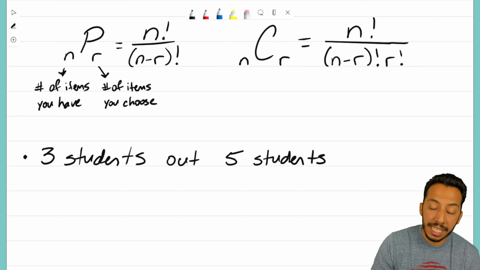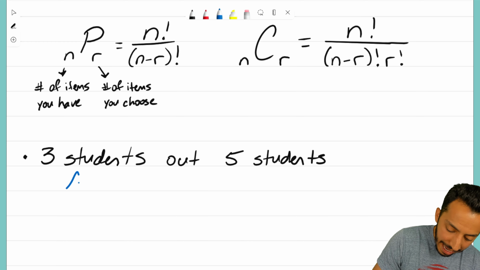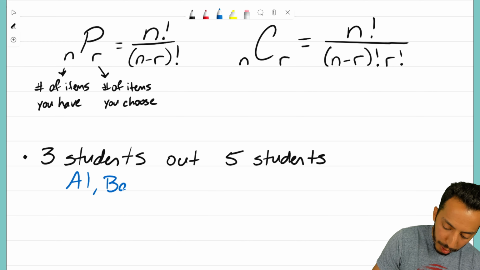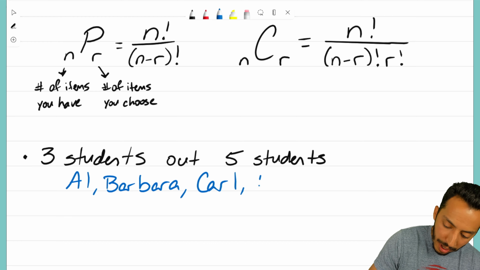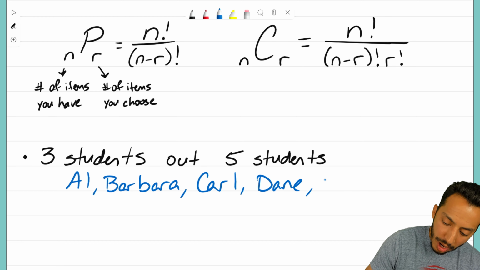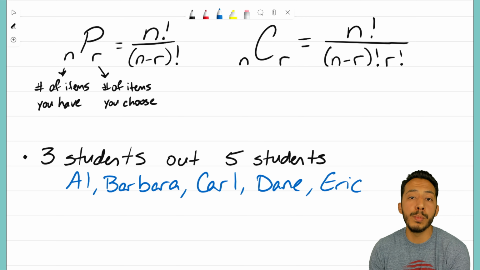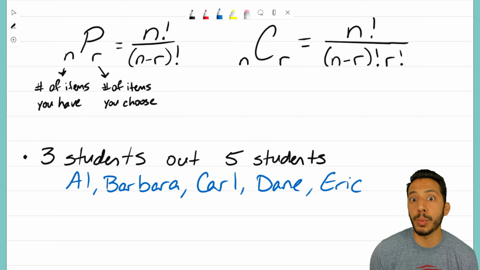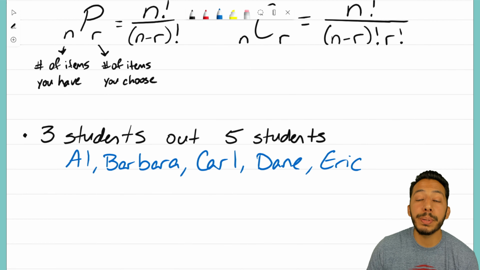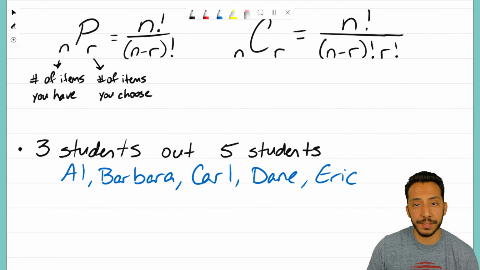Those 5 students, let's give them some names. We could have Al, Barbara, Carl, Dane, and then Eric. Those are our 5 students that are going to help me move some stuff from one classroom to the other, and I want to pick 3 of those 5.